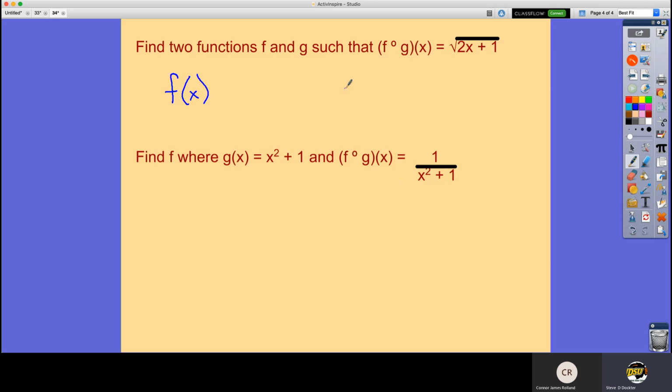So what this is asking us is we want to figure out what f of x equals and what g of x equals to get this final answer here, okay?